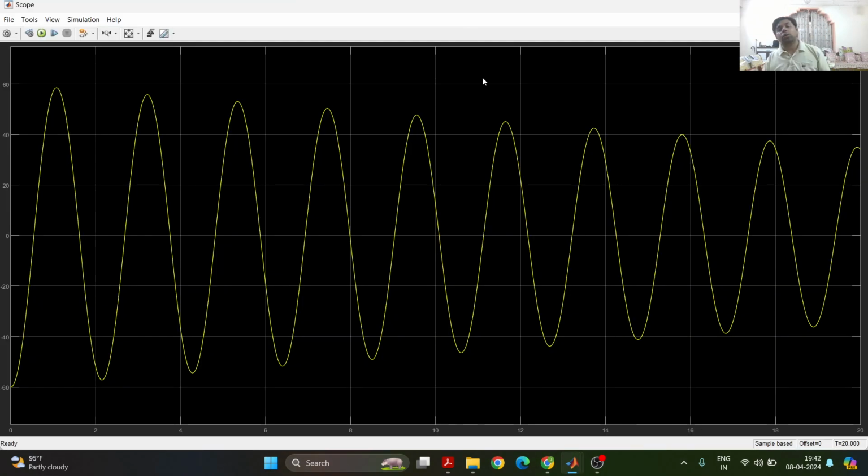Now this looks much more like the Coulomb damping case, where we have Coulomb friction, which is constant in magnitude but opposite to the sign of velocity. So we can see a linearly decaying trend in the amplitude.